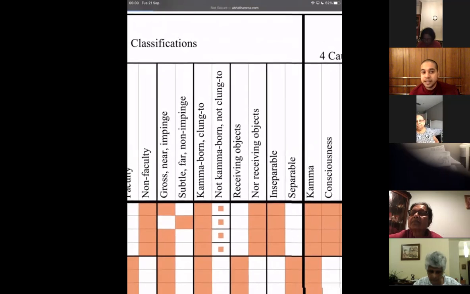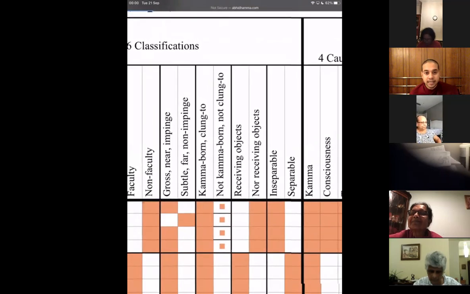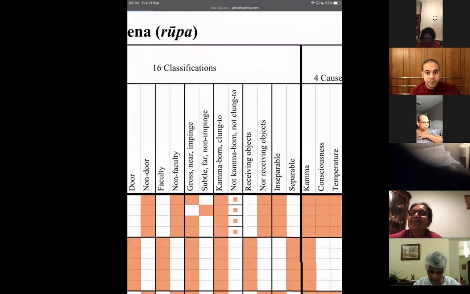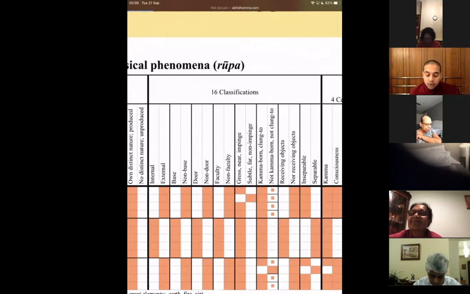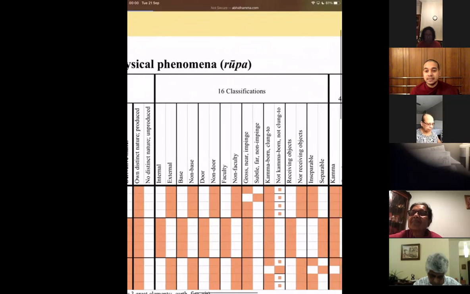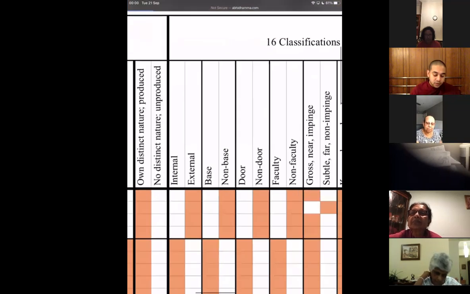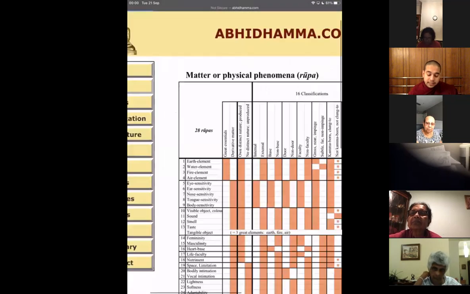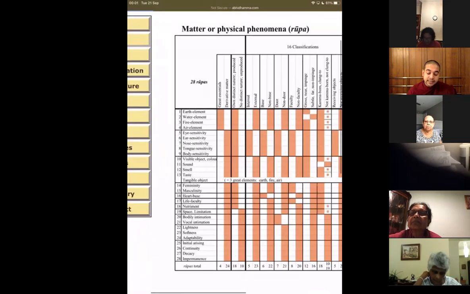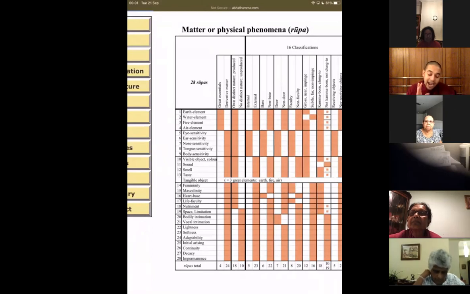If you have not read the book, you will now get a little bit confused, because the reasons for these classifications are defined in the book. You will have to read the book to know by what definition these classifications are there, right? So the rupas that have their own distinct nature and are produced, right?